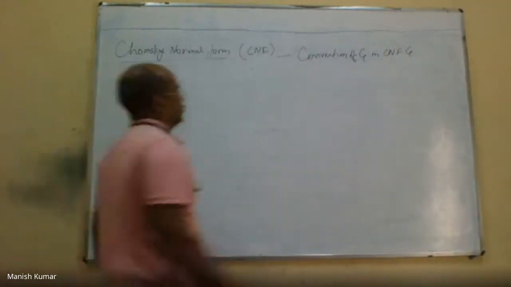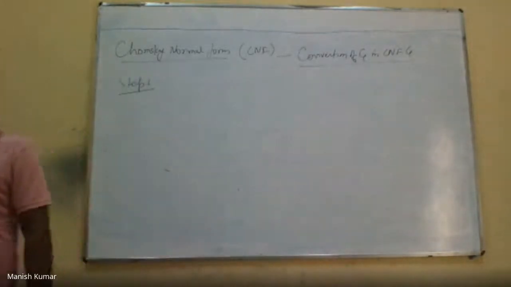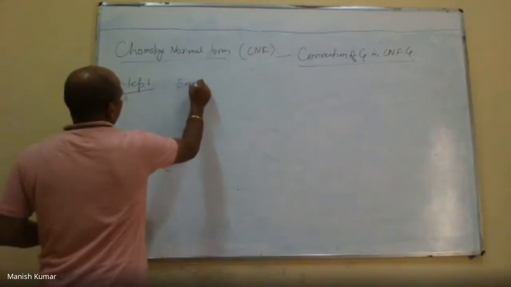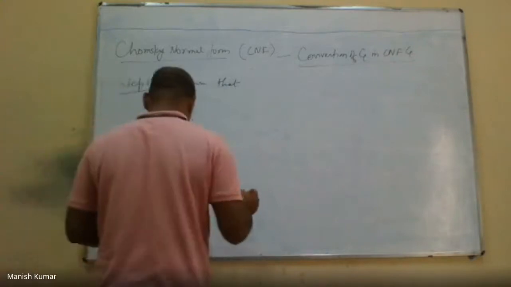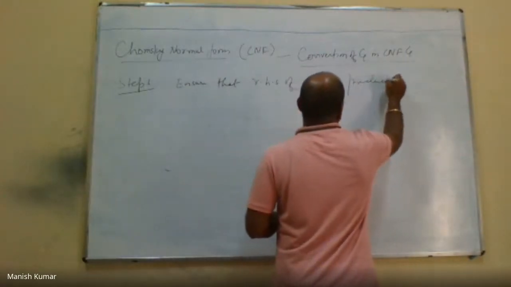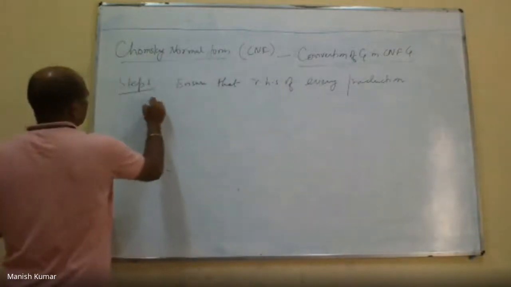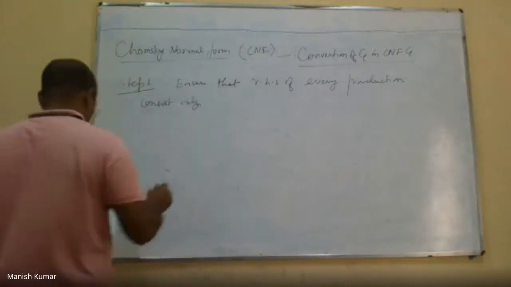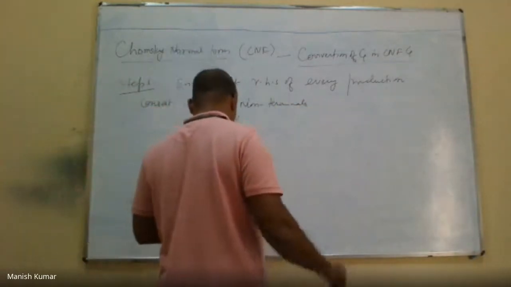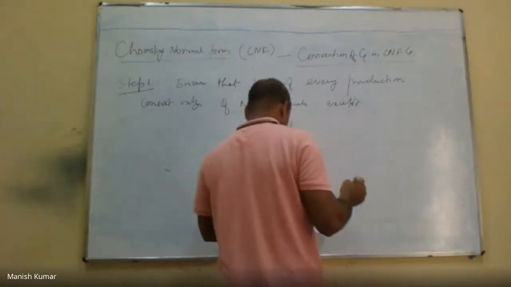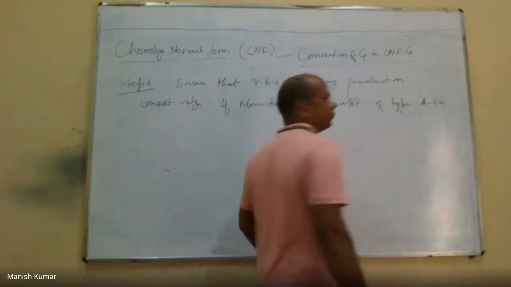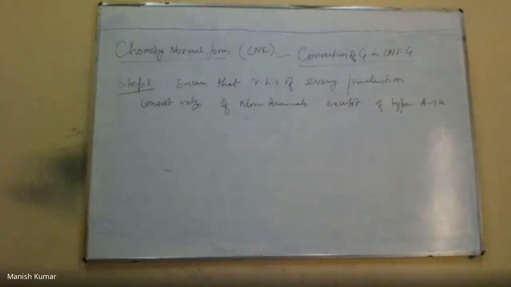In the first step, ensure that the RHS of every production consists only of non-terminals, except for productions of type A going to a single terminal.